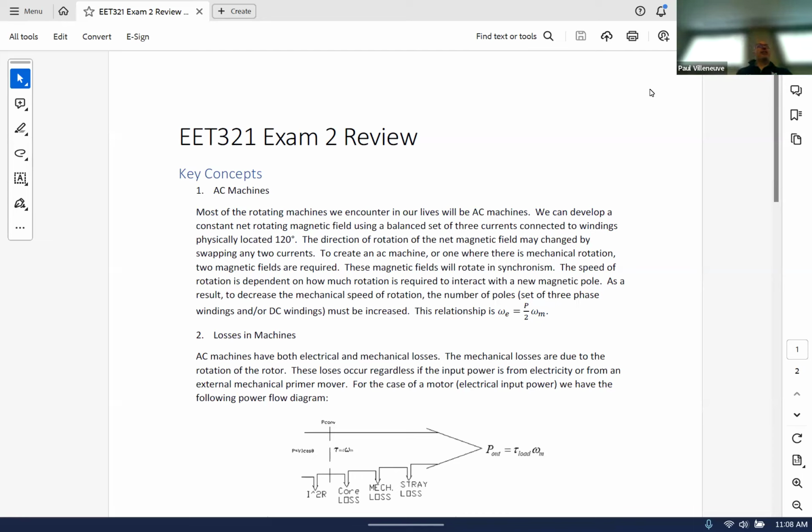So each set of windings produces 1 pole pair. So if you wanted a 2-pole machine, that's considered a pole pair machine. So it's 1 pole pair, so you need 1 set of windings. If I wanted 2 pole pairs, that means I need 4 poles. So that would mean that I need 2 sets of windings, and on and on. But what we see here, yes, sir, go ahead.